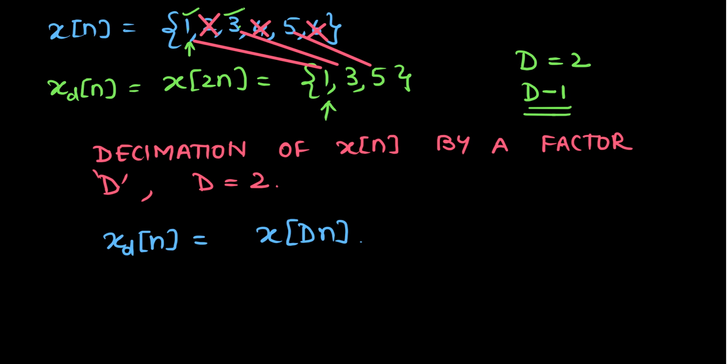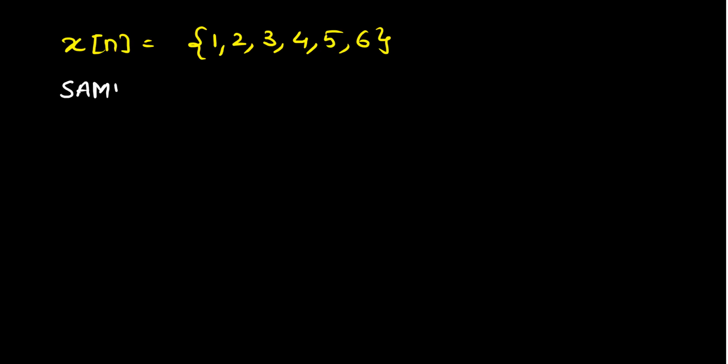Now let us try to analyze this further using the same example. So we have this x of n as 1, 2, 3, 4, 5 and 6. Now let us consider sampling of this x of n with the sampling factor d equal to 2.